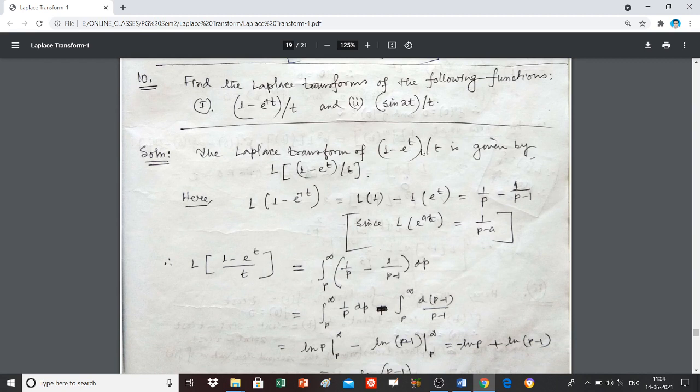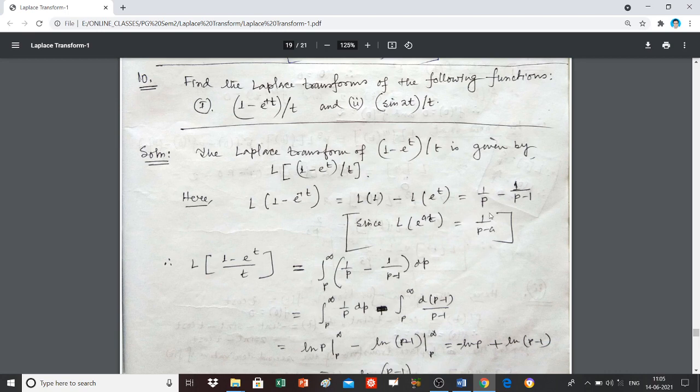Now, the Laplace transform of 1 minus e to the power t is the Laplace transform of 1 minus the Laplace transform of e to the power t. You know that the Laplace transform of 1 is 1 by p, and the Laplace transform of e to the power at is 1 by p minus a.